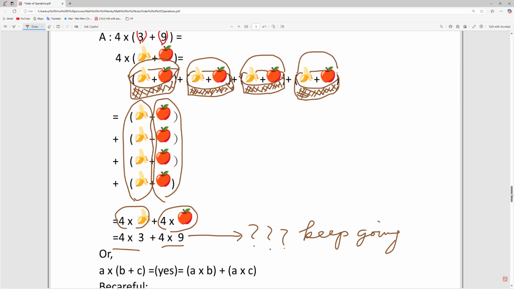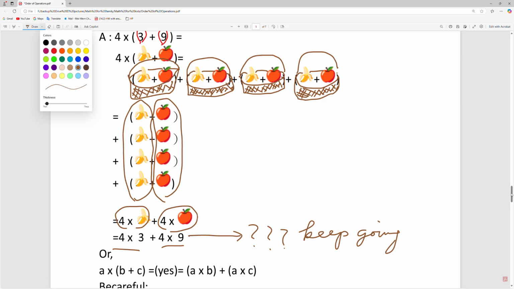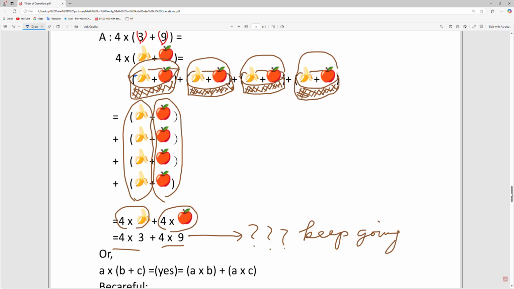And sometimes if we have, say, 2 bananas and 3 apples, 2 bananas and 3 apples, and so on. So you have 2 bananas and 3 apples. Okay.